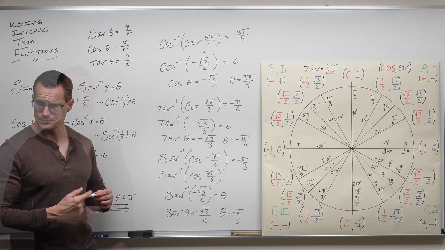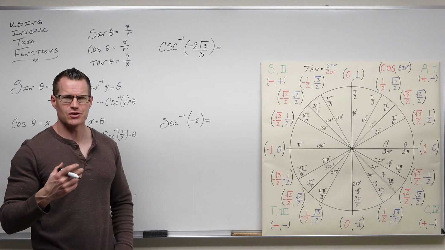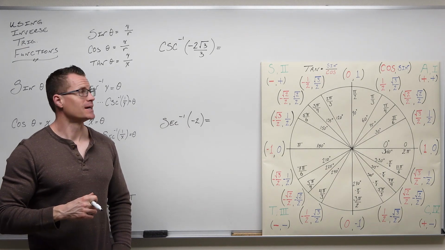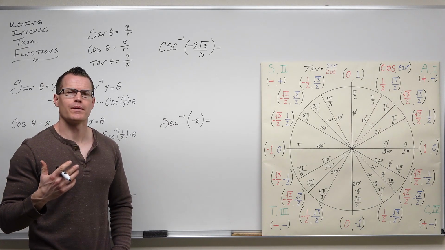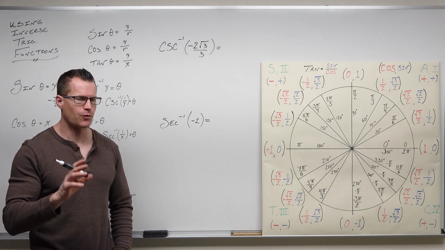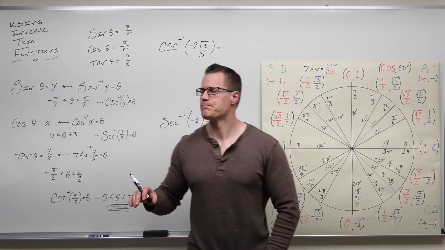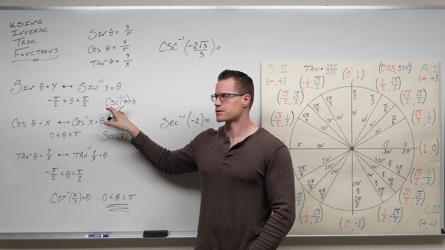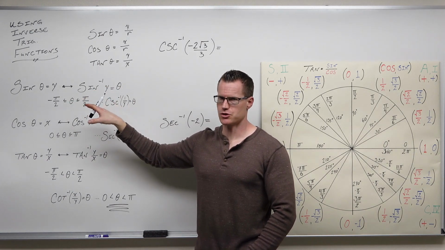All right, we're going to deal with some of the, well, lesser used, I would say, inverse trig functions, like cosecant inverse of whatever. Let's talk about what that even means. But before we do, something we're going to be using here, really, really important, is that, nicely, cosecant inverse and sine inverse, they have the same range.